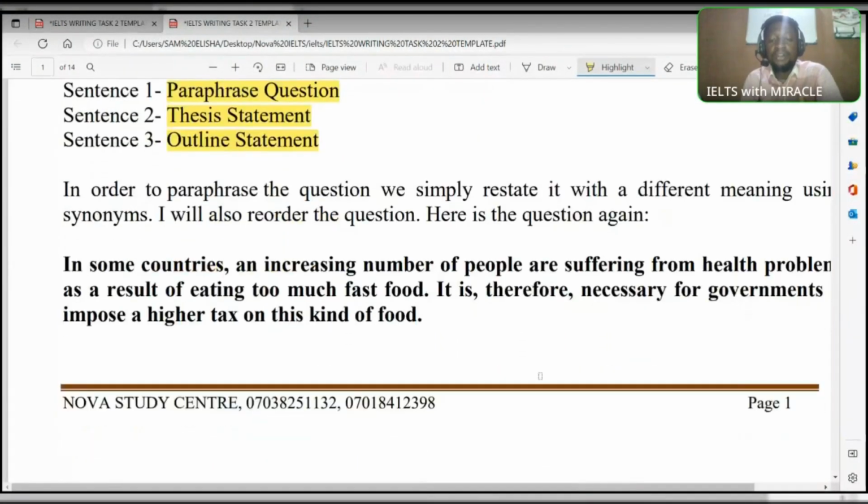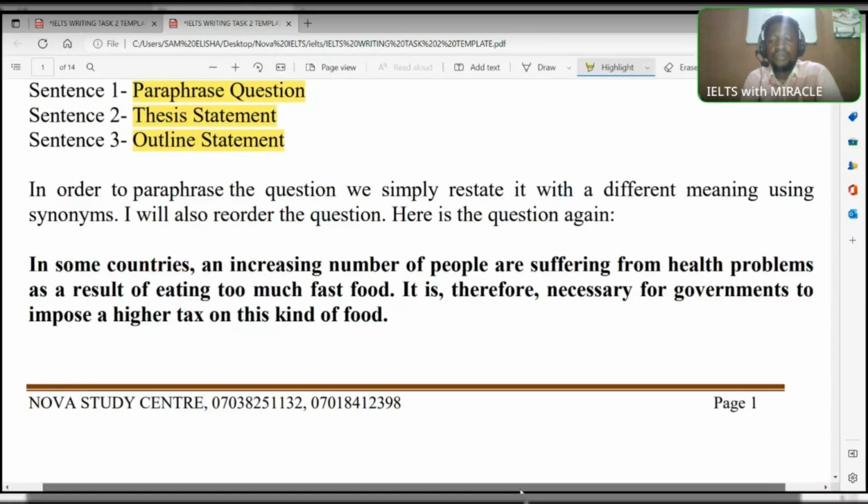Here is the question. In some countries, an increasing number of people are suffering from health problems as a result of eating too much fast food. It is therefore necessary for governments to impose a higher tax on this kind of food.